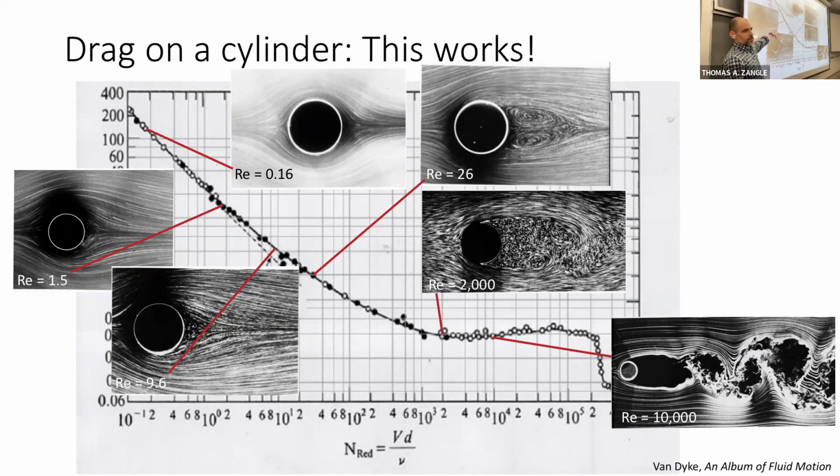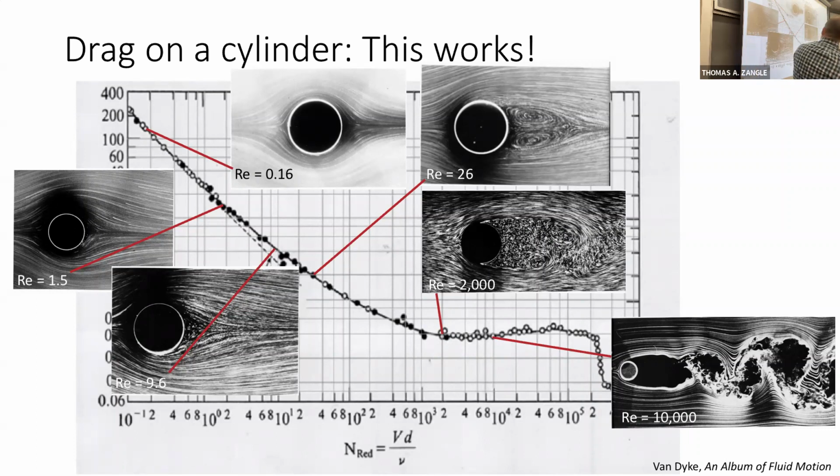This is one of the primary ways that we're going to be using the results of dimensional analysis in this class. We can take a problem with a whole bunch of variables and boil it down to just the minimal number of variables that we need to actually describe what's going on.